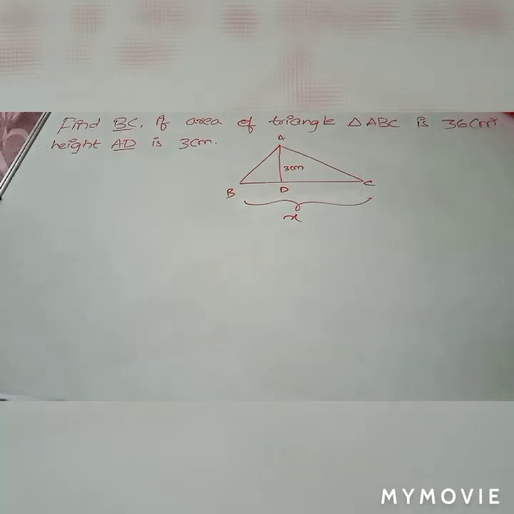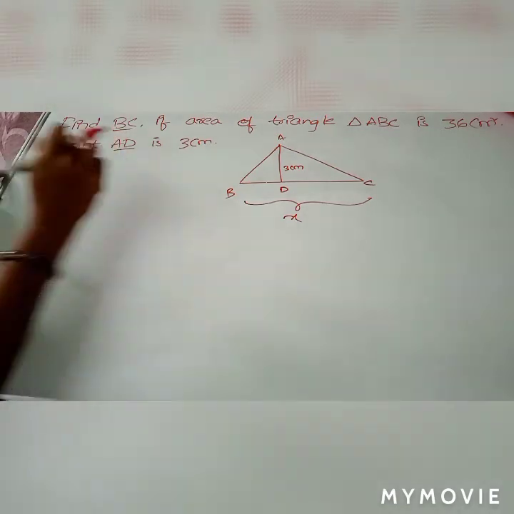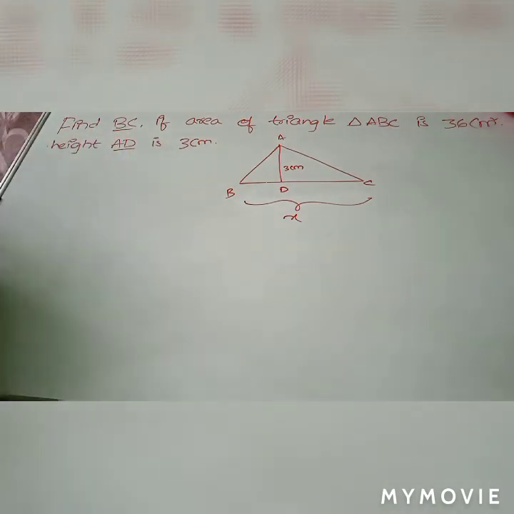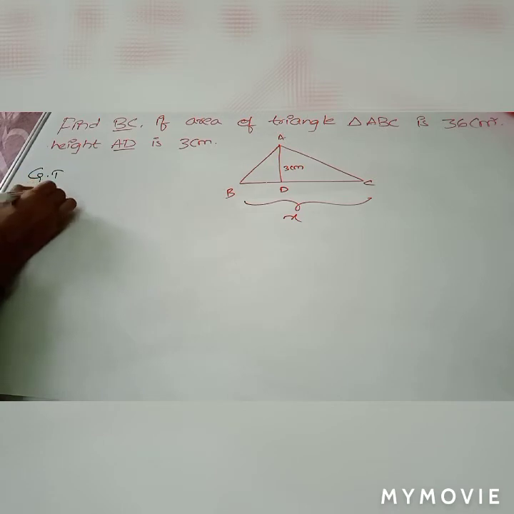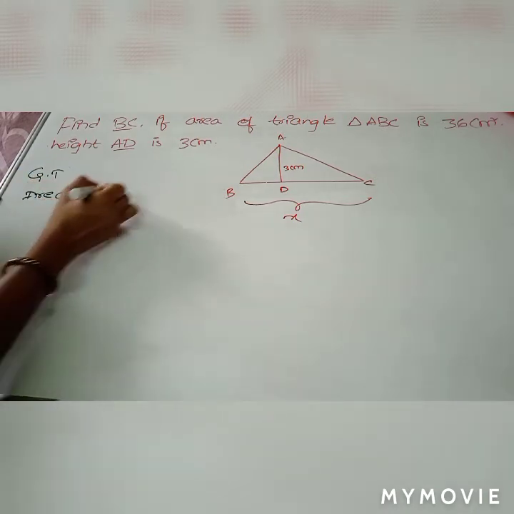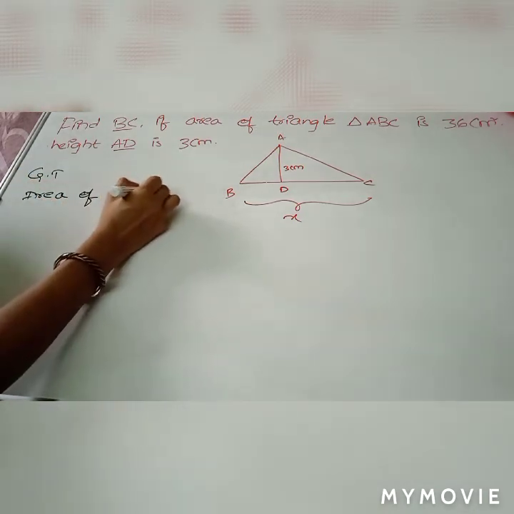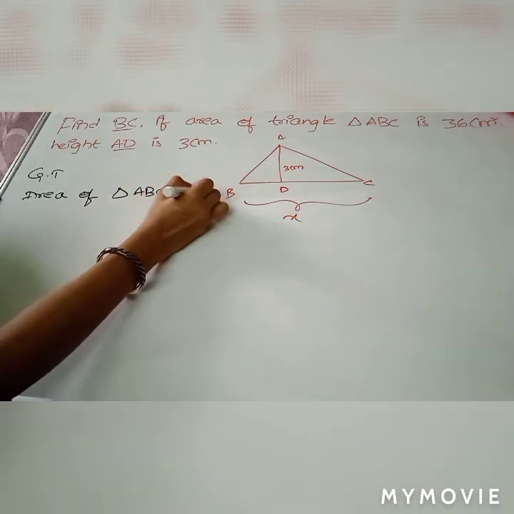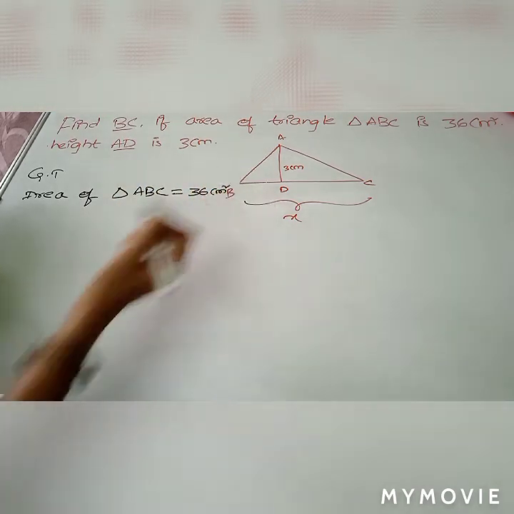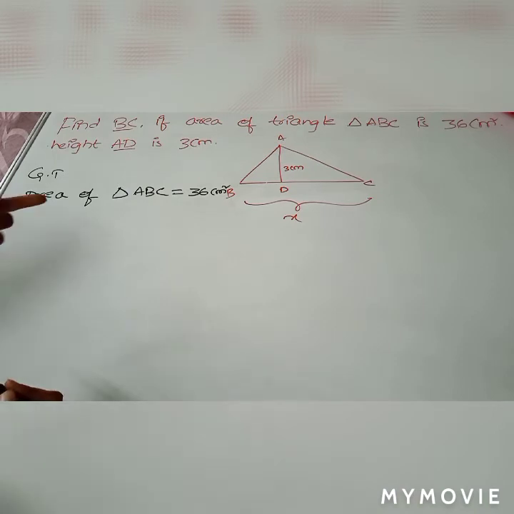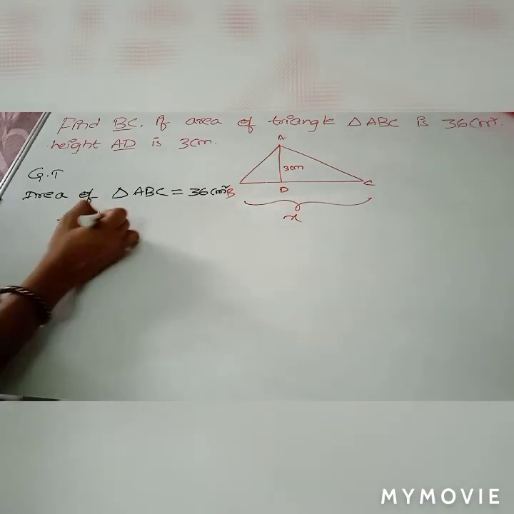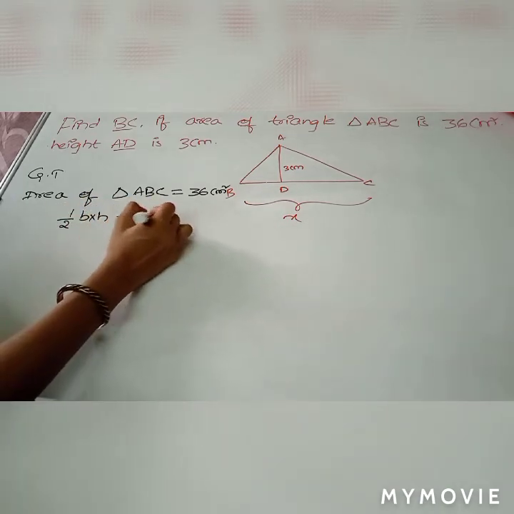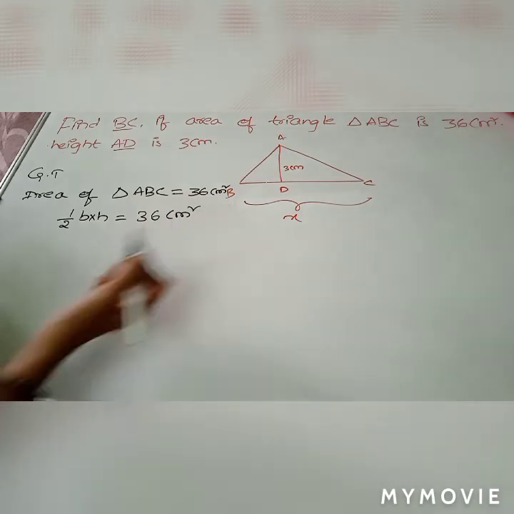Now children, see here, the first step: given that the area of triangle ABC is equal to 36 square centimeters. We already know the area of triangle formula. What's the formula? Half into base into height, equal to 36 square centimeters.